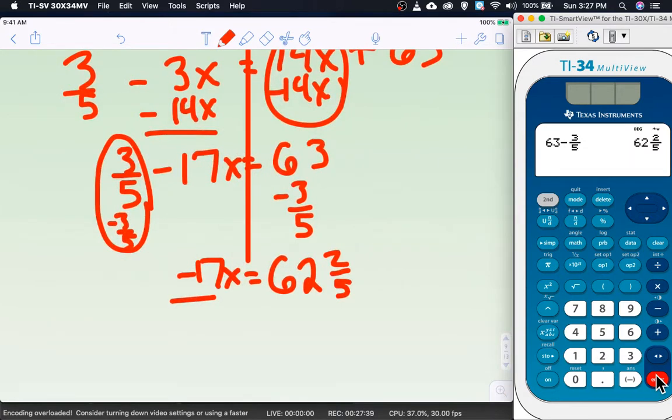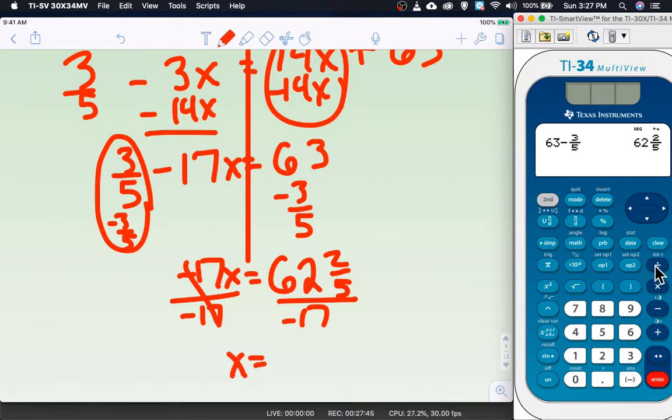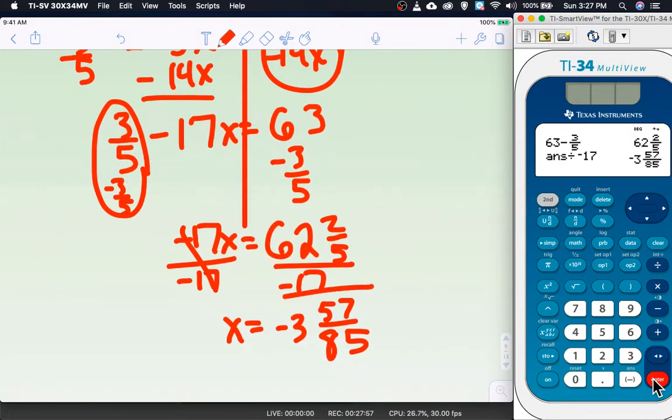And then when you divide by negative 17 on both sides, x equals negative 3 and 57 over 85. Kind of ugly, but it is the solution.